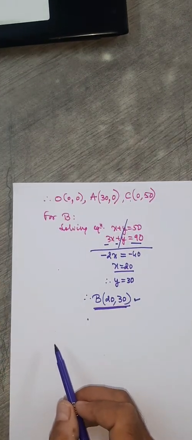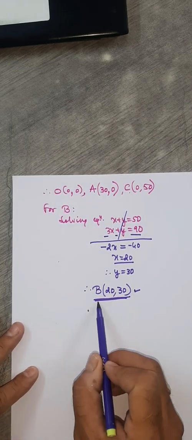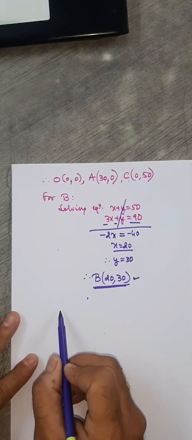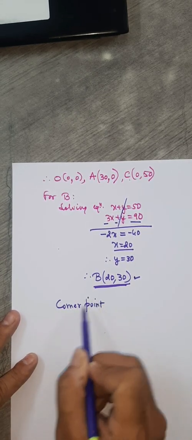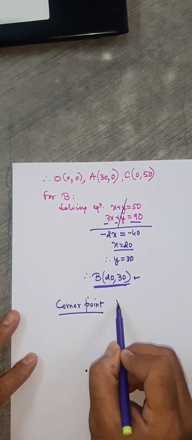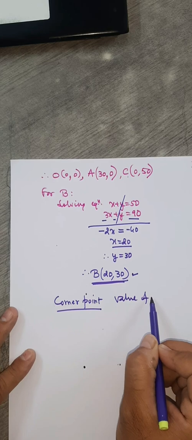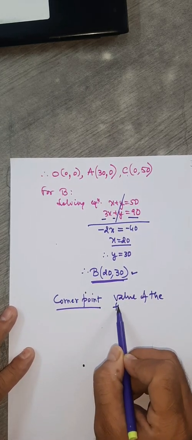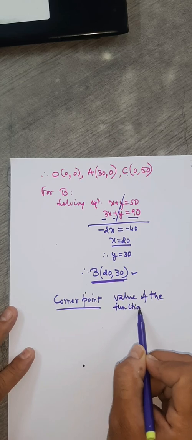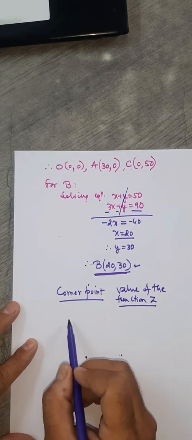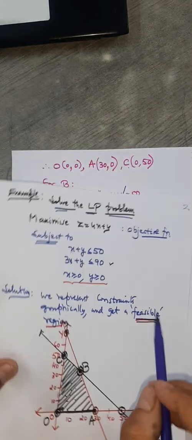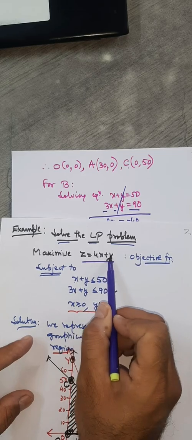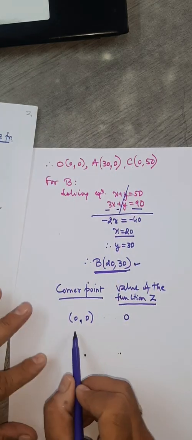You are very close to the solution. Once you get the corner points, we prepare a table like this. Here, corner point and value of the function, which we called z. Which is the first point? 0, 0. Put it into the function. Where is the function? Here, 4x plus y. 0 plus 0, so this will be 0. The next point is 30, 0.